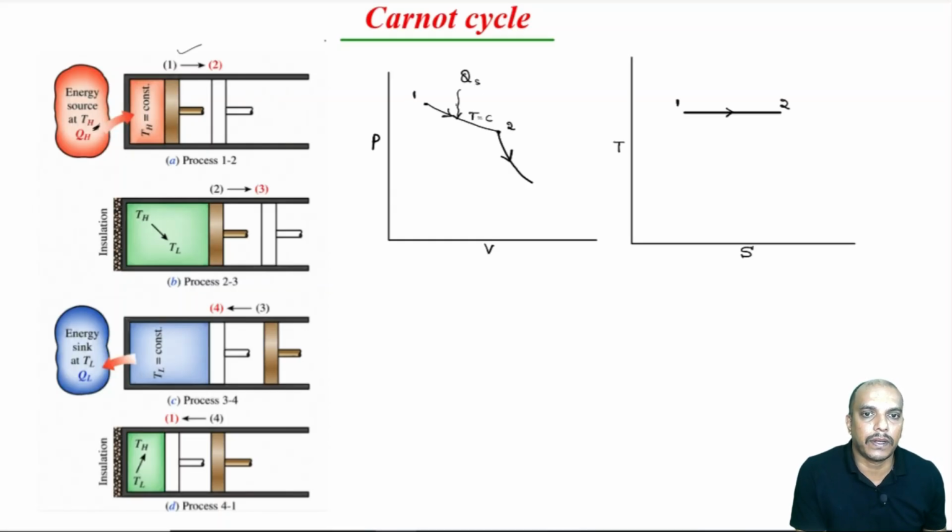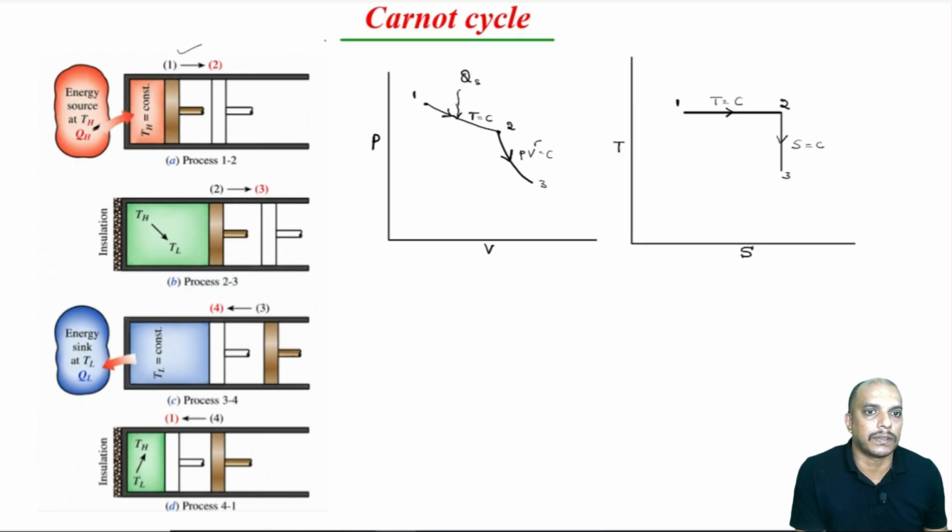Remember, we have talked about the nature of curves in the last class. For an isentropic or adiabatic process, the curve will be a little steeper than the constant temperature process. So, 2 to 3 is an expansion process in a reversible adiabatic process. Here in the TS diagram, you know that it is going to be a vertical line, because isentropic means entropy constant, or PV to the power gamma is constant.